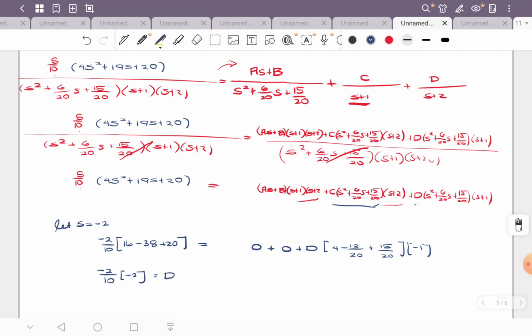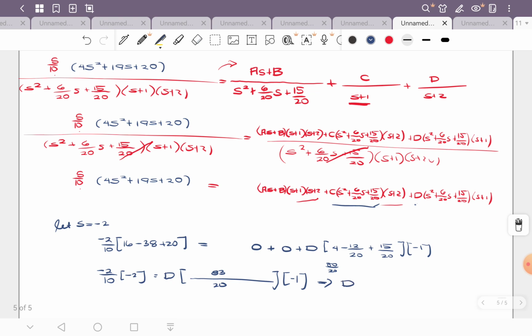This 4 can be written as 80 over 20. So we have d times, 80 minus 12 plus 15 over 20. Negative 12 plus 15 is 3, plus 80, that would be 83, times negative 1.